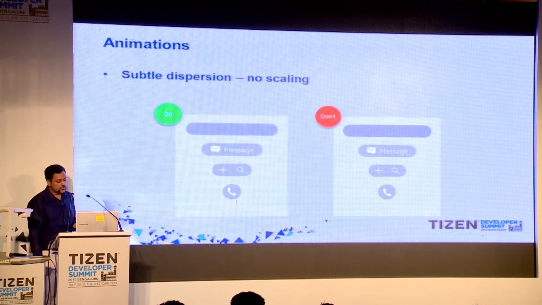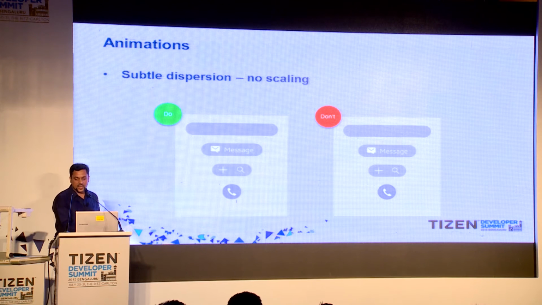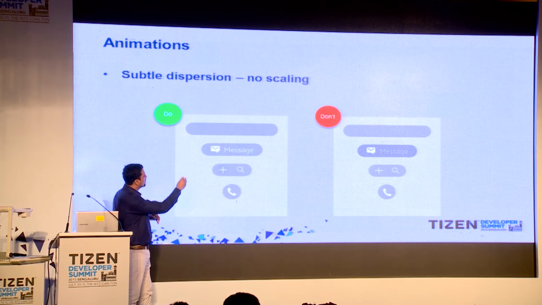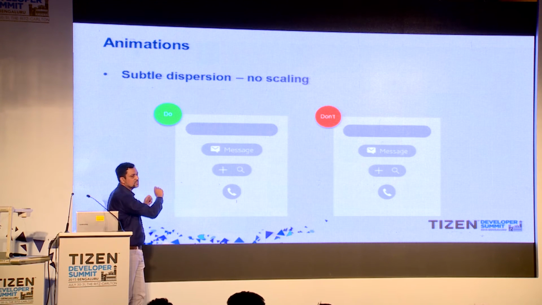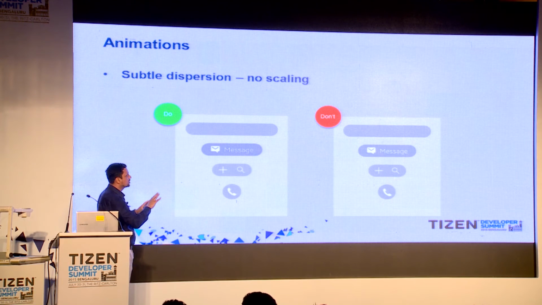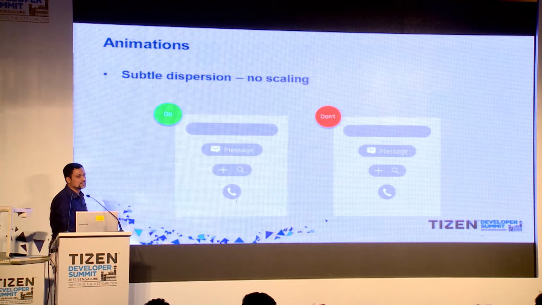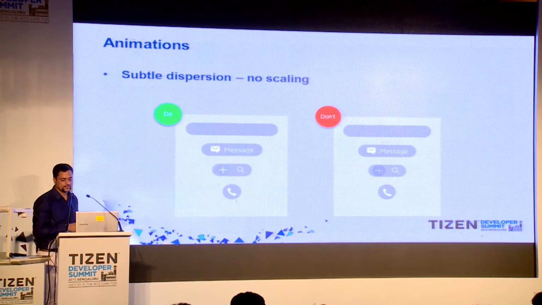Instead, we used dispersion, another quality of air, which is subtle but gives an excellent feedback mechanism. As you can see, there's just a little dispersion that happens without sizing or scaling the button. This keeps the layout consistent and it's just subtle, giving ample and enough feedback for the user that an action has been taken.